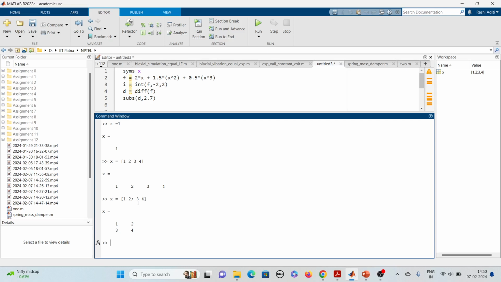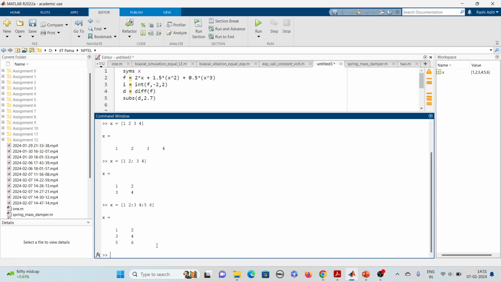And when we add a semicolon after a particular value, the values after the semicolon go to the next row. It makes a new row. For example, if I write x as 1 space 2 semicolon 3 space 4 semicolon 5 6, this is what we get. We add 2 semicolons and we get 3 rows and 2 columns.